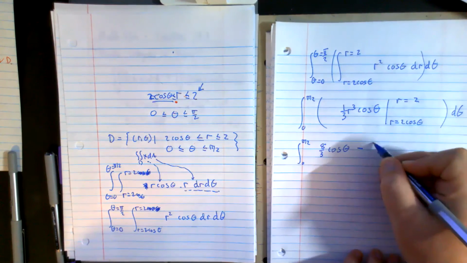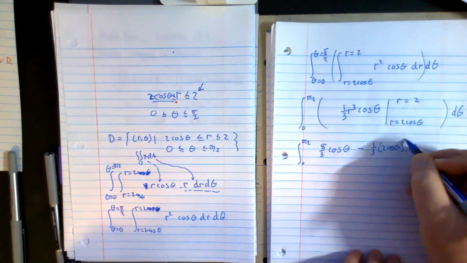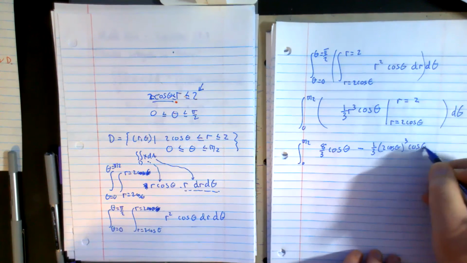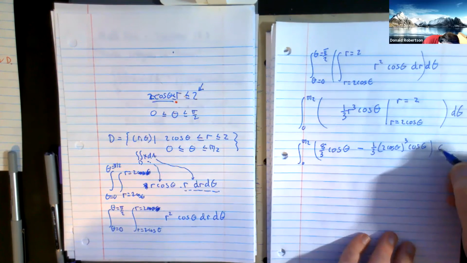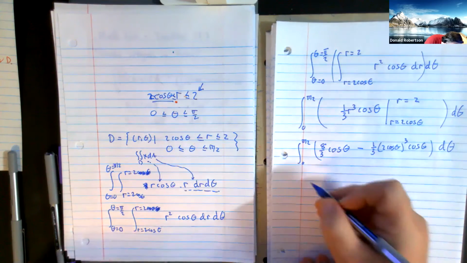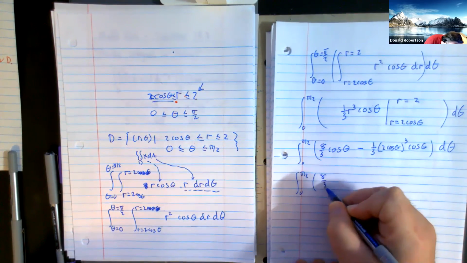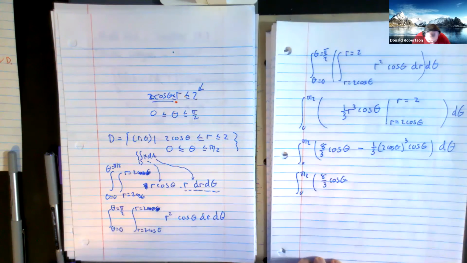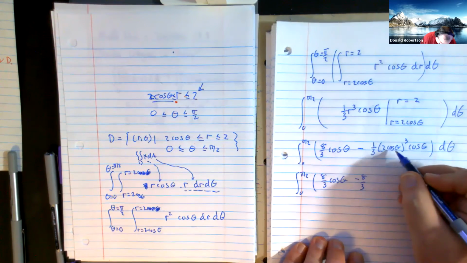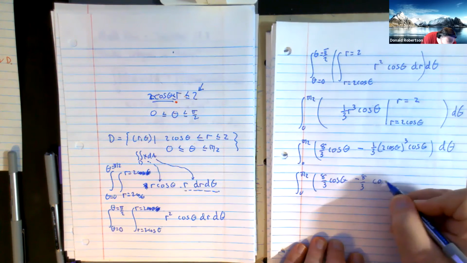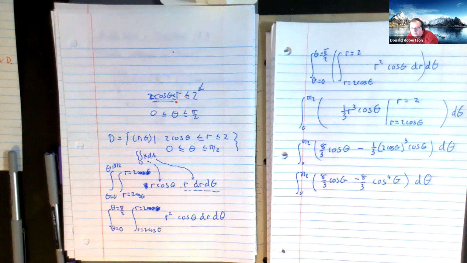Take away that horrible mess. That's going to get you 8, so you're going to get 8/3. That's going to get you cos cubed plus another cosine, which is that fella. And you're here.